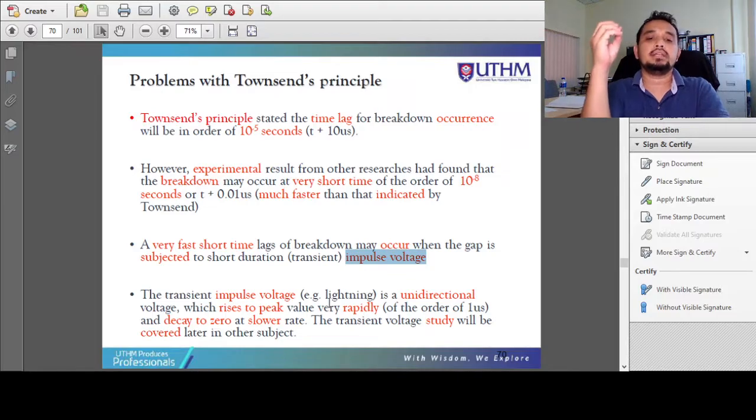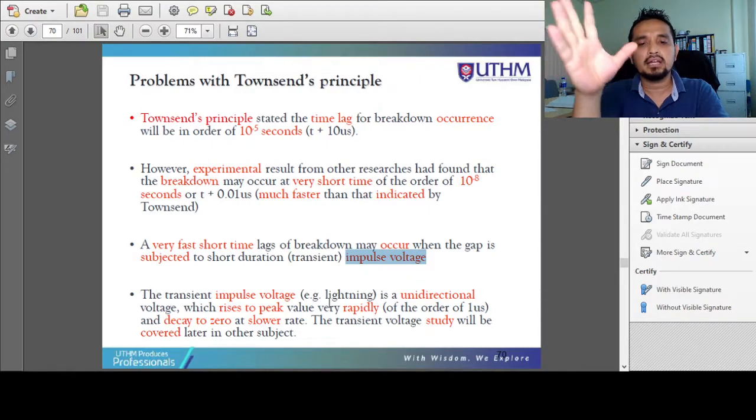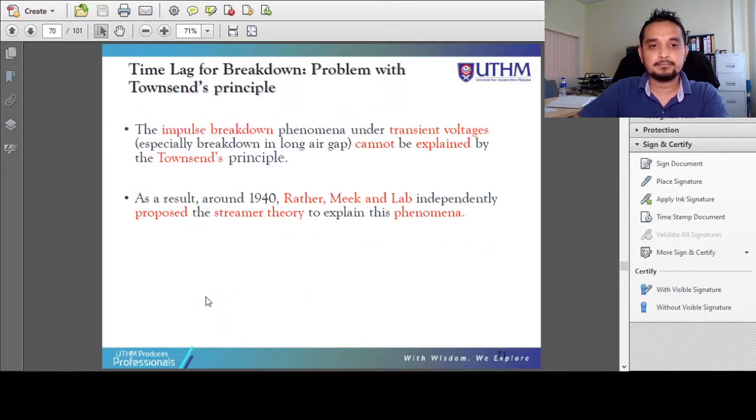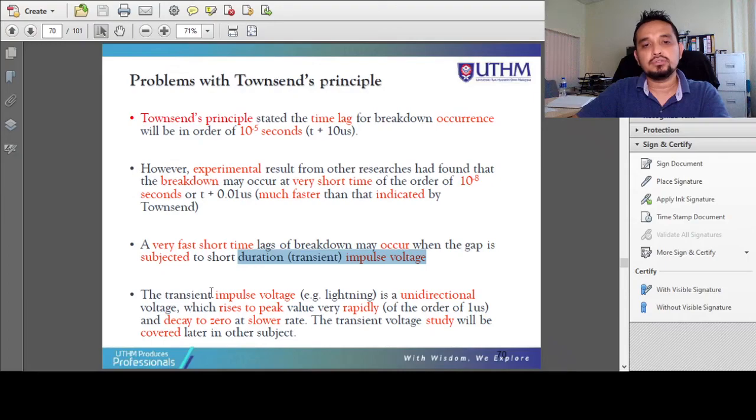The impulse is the breakdown that occurs in a very short period of time, normally in nanoscale and above. That's why we assume that the Townsend principle cannot be used to describe the transient or impulse phenomena. It's not really an issue, but it is a constraint of the Townsend experiment.